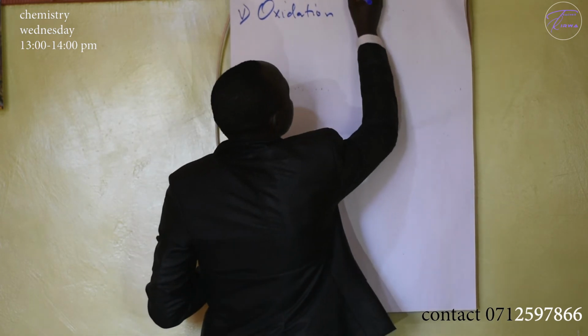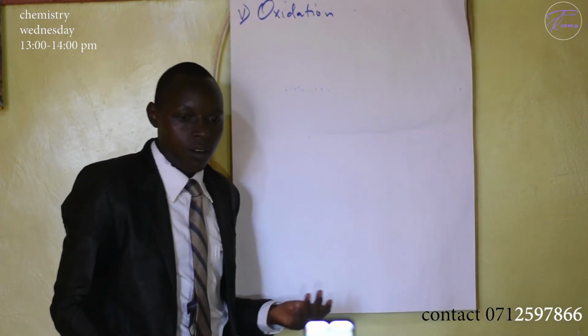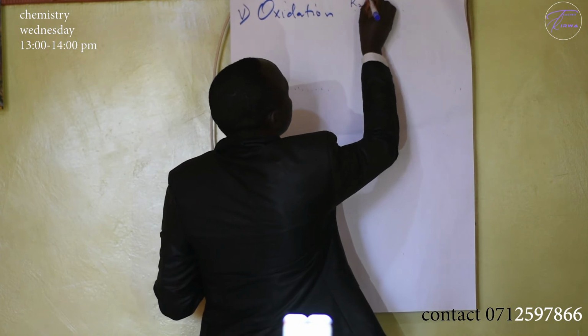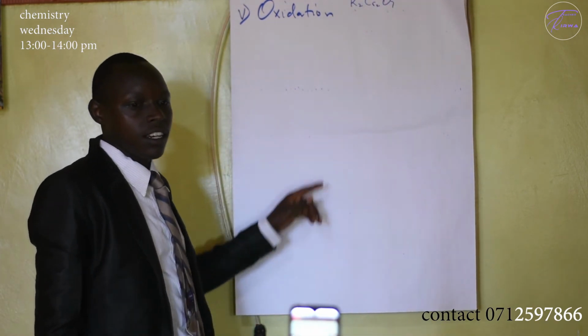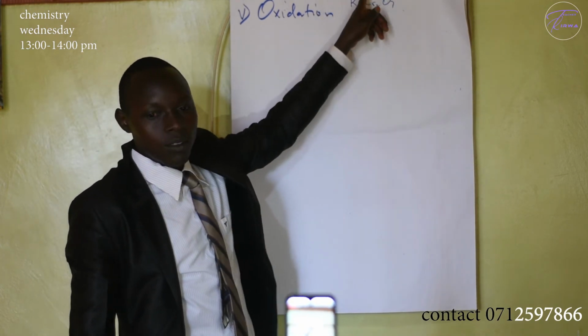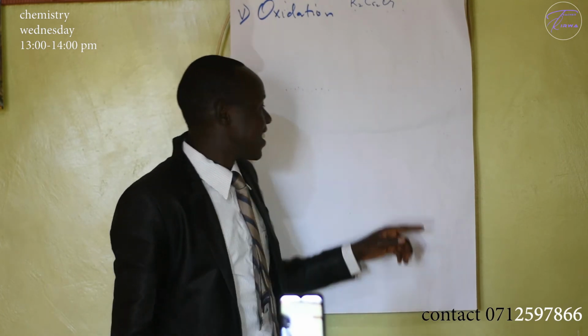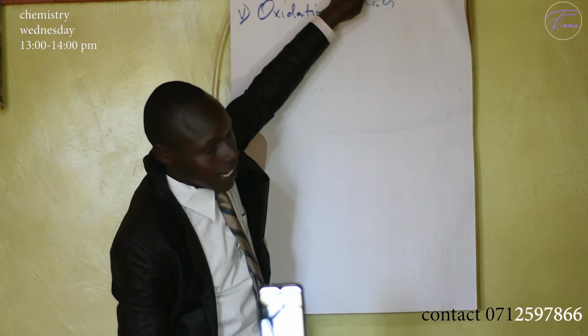We have potassium manganate 7, which you students normally call KMnO4, and then we have this one, potassium dichromate 6. So this is potassium manganate 7, and this one is potassium dichromate 6.